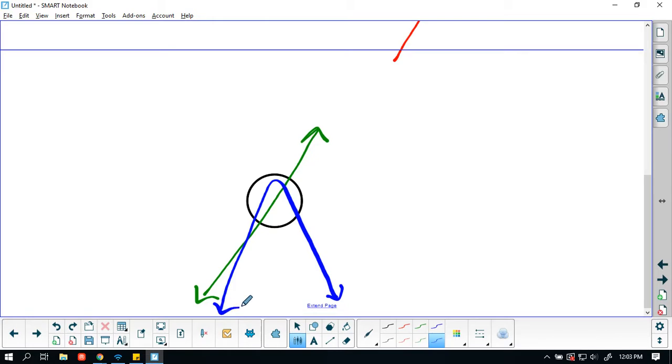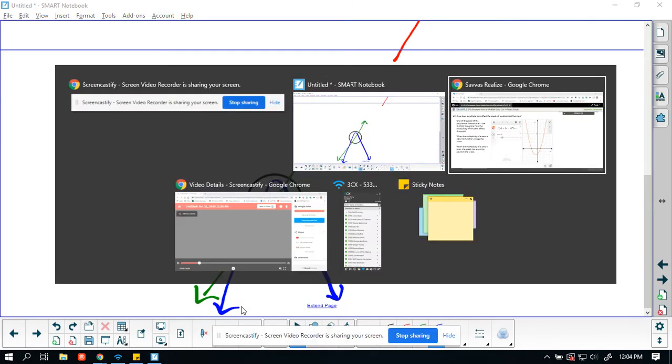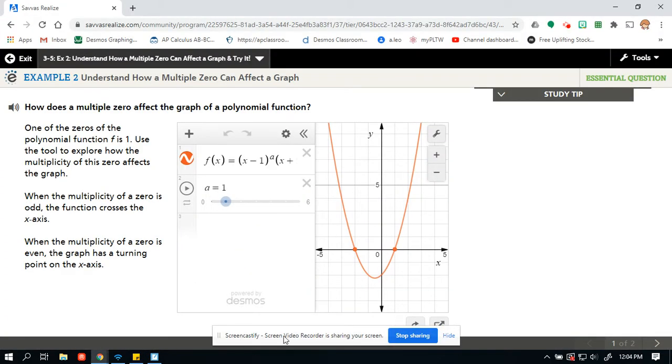I used to teach with a teacher who said it would kiss the x-axis. So it'd come in, give the x-axis a little kiss, and then go off and do its thing. Kind of like when your parents drop you off at school and call you back to the car to say, hey, come say bye to me. You bounce back to the car, and then keep going.